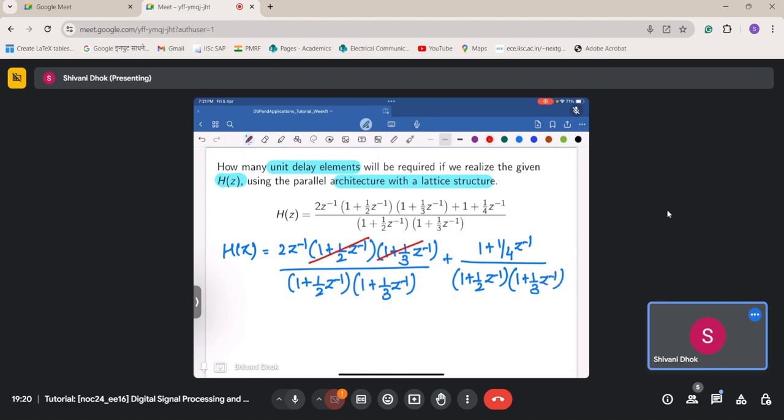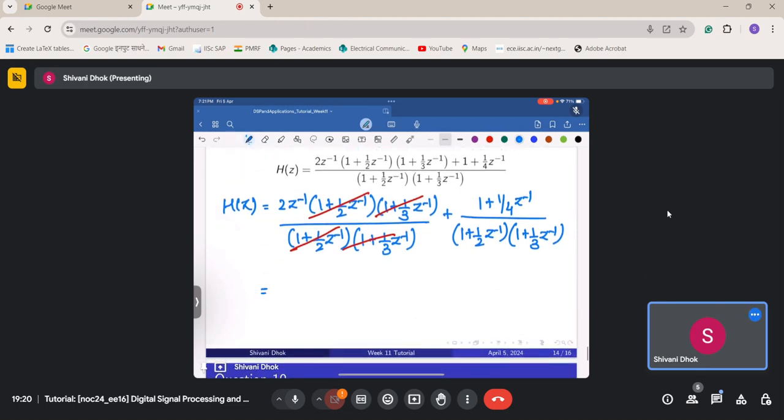So here these two terms get cancelled. What we are left with is 2Z inverse plus 1 plus 1 by 4Z inverse upon 1 plus 1 by 2Z inverse into 1 plus 1 by 3Z inverse. Now this is just an FIR term. This will require one delay.